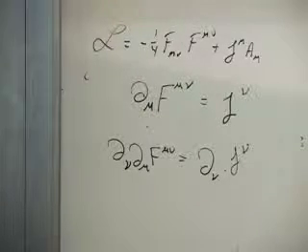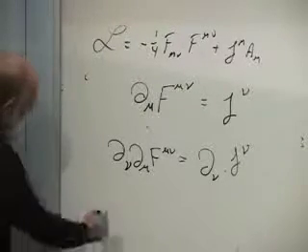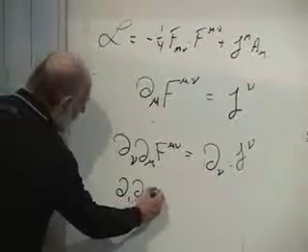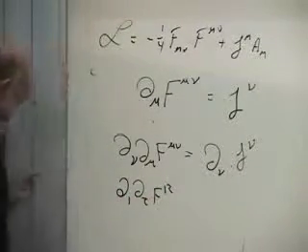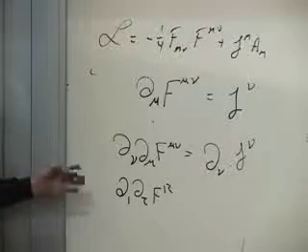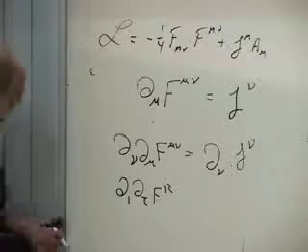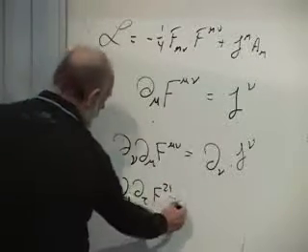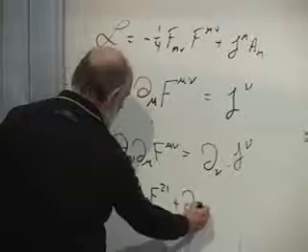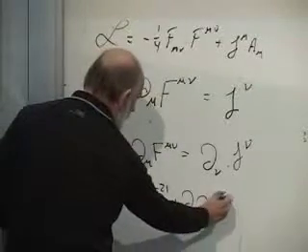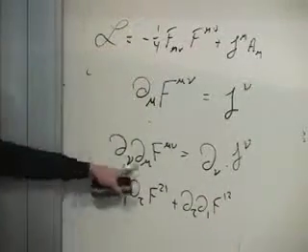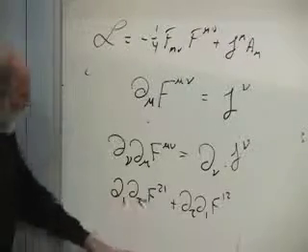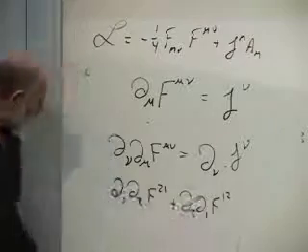0. It's 0, because it contains things like d1, d2, F12, I guess it's F21. But it also contains d2, d1, F12. When I sum over mu and nu, I get things like d1, d2, F21 and d2, d1, F12.